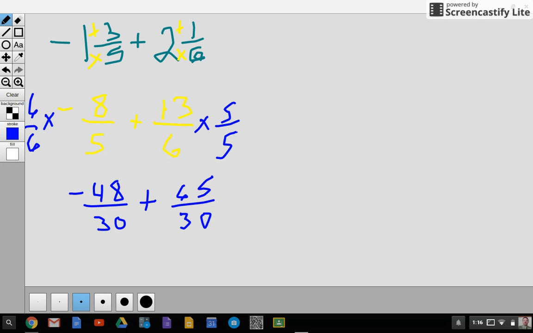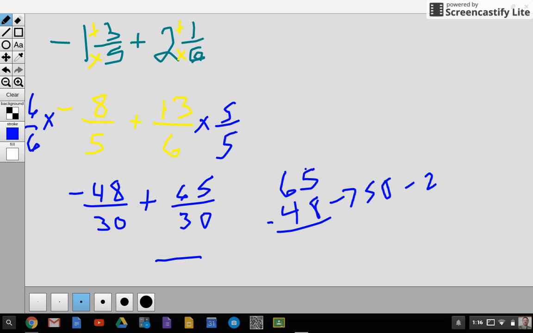It's got 2 different signs. So that means I'm going to take the sign of the larger number, which 65 is larger than 48. But I'm still going to be subtracting the numerators. All right, so here's what I do on a case like this. I would say this one, if this was 50, then it would be like a 50 minus 2.